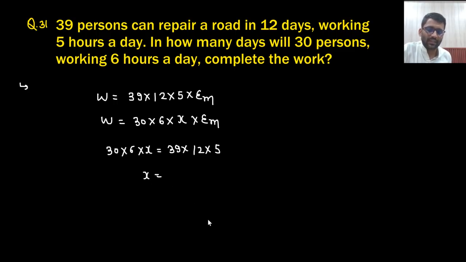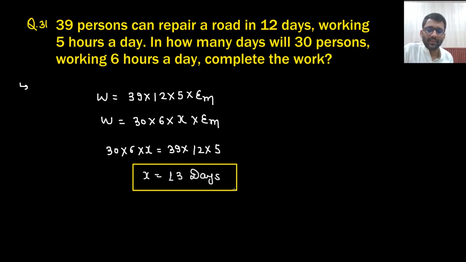That's it. This is the answer. So 39 into 12 into 5, actually this is 60 only, and this is 180. So 13 answer I should get, but let's do the calculation. 39 into 12 into 5 divided by 30 divided by 6. So yeah, 13. I told you that this will be 13 days.